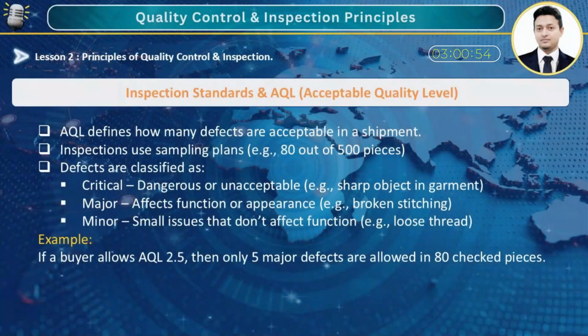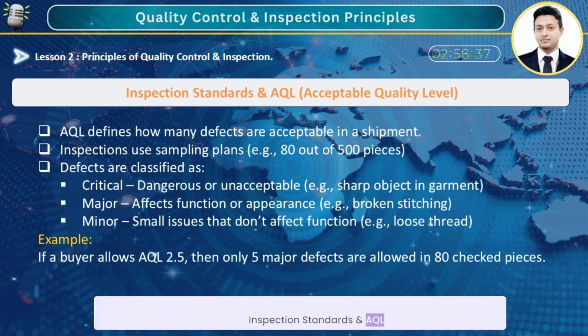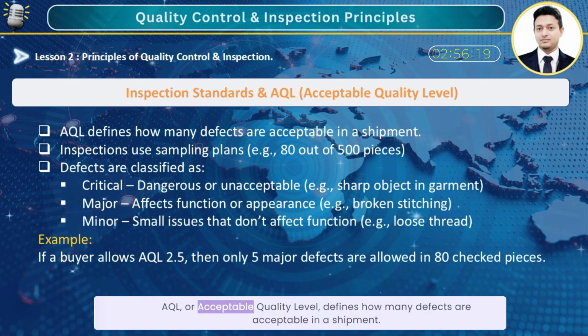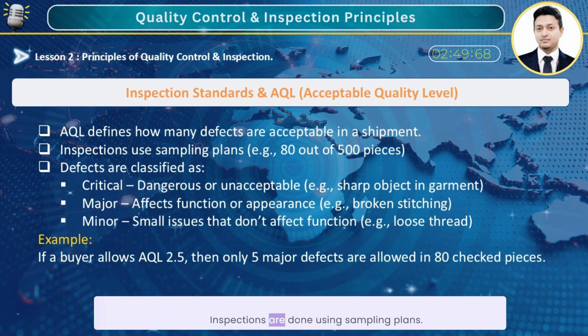Inspection standards and AQL. AQL, or acceptable quality level, defines how many defects are acceptable in a shipment. Inspections are done using sampling plans. For example, checking 80 pieces out of 500.